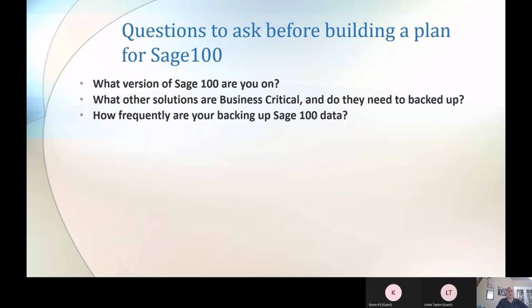How frequently are the backups for stage 100? Again, I think this really comes down to how fast do you need to be back up and running. If a weekly backup is good enough and you can rebuild your week from that backup pretty easily or quickly, weeklies may be fine.